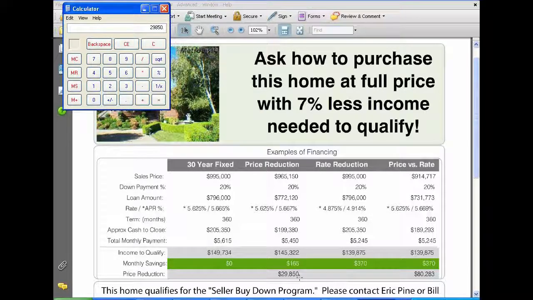So the seller is going to lose that $29,850 anyway. Then, if instead at $995,000 he takes the same 3% and, instead of reducing the price, gives it to the buyer as a seller's concession, basically a seller's credit, the buyer uses that $29,850 to buy down the interest rate from 5.625 down to 4.875.